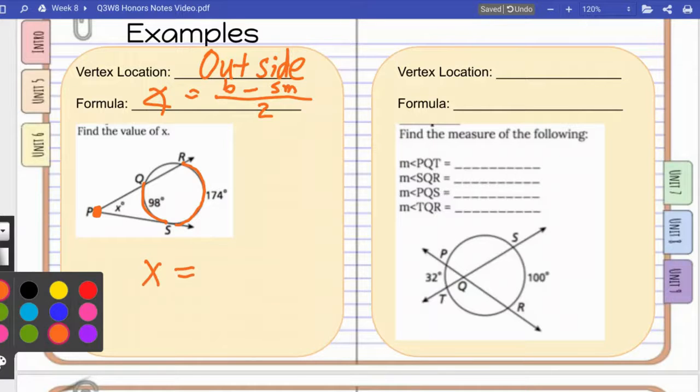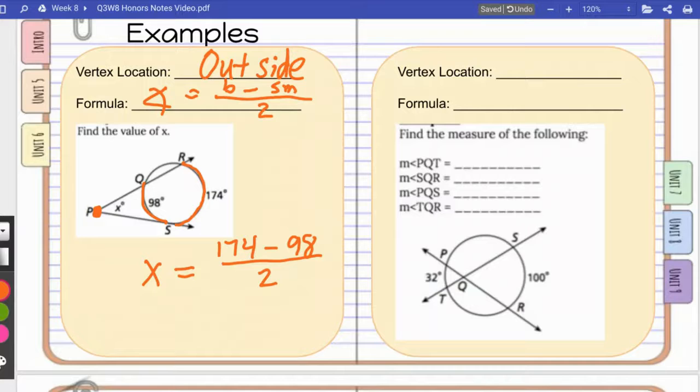X equals, the big arc is 174 minus the small arc, which is 98, and we're going to divide that answer by 2. So we end up with x equals 38. So that's the measure of that angle. So the measure of angle RPS is 38 degrees.